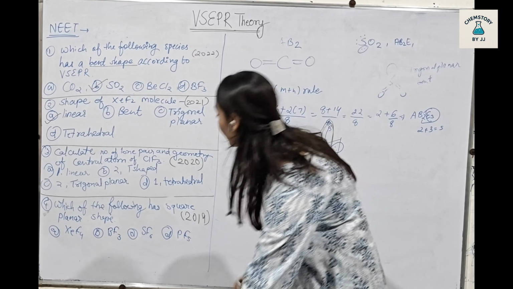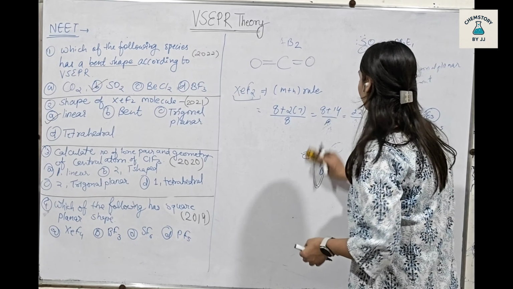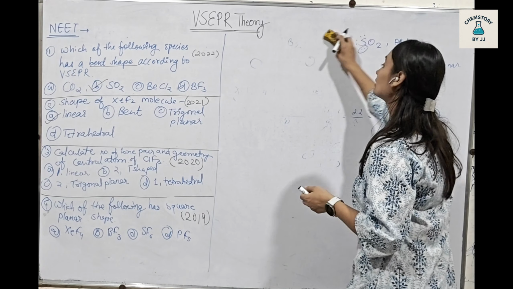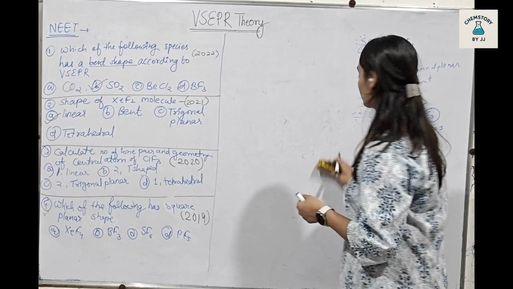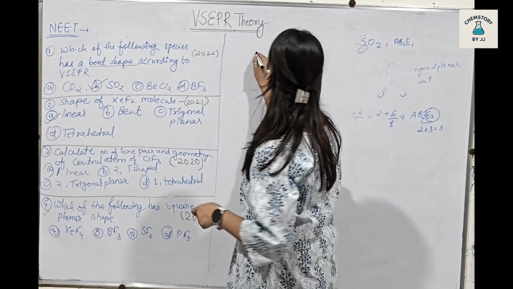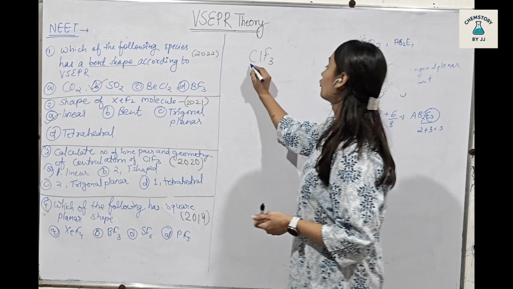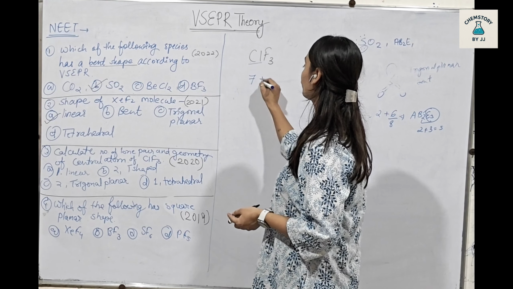Next, calculate the number of lone pairs and geometry of ClF3. For ClF3 we are going to do the same thing. For chlorine we have 7 valence electrons.